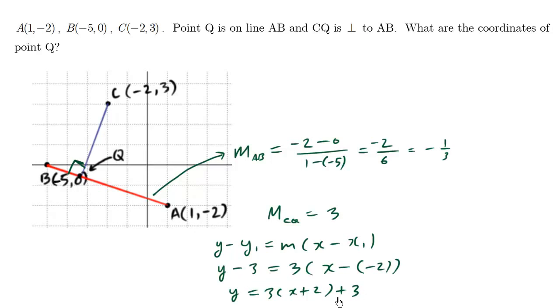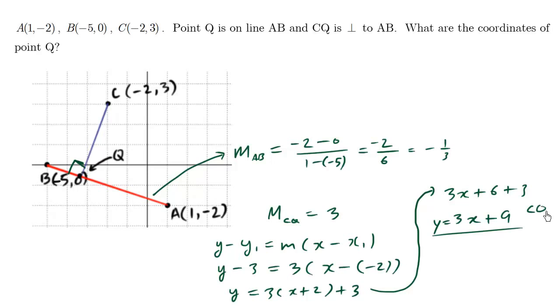This -3 goes over here, plus 3. So let's continue. We're talking about this blue line, line CQ. So line CQ is 3x plus 6 plus 3, which is 3x plus 9. So this is y equals 3x plus 9. This is the line equation.